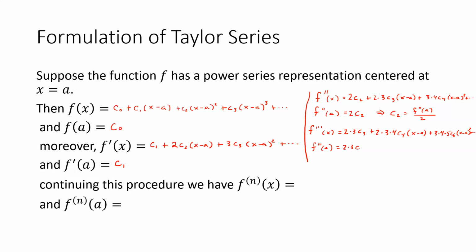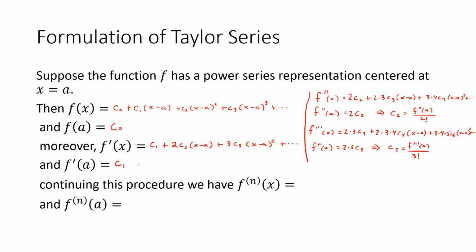So therefore, c3 is equal to f triple prime of a over 3 factorial. Notice I'm putting 3 factorial in for 2 times 3, because that's essentially 2 times 3 times 1. Similarly here, 2 can be written as 2 factorial.